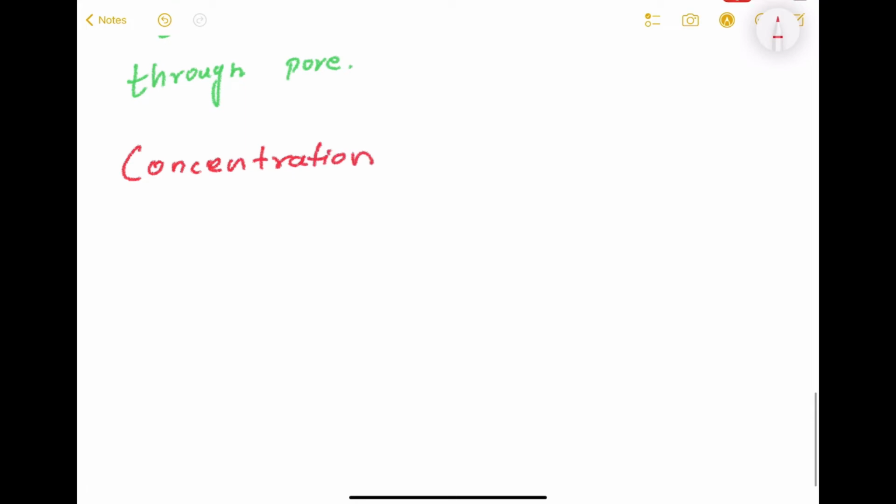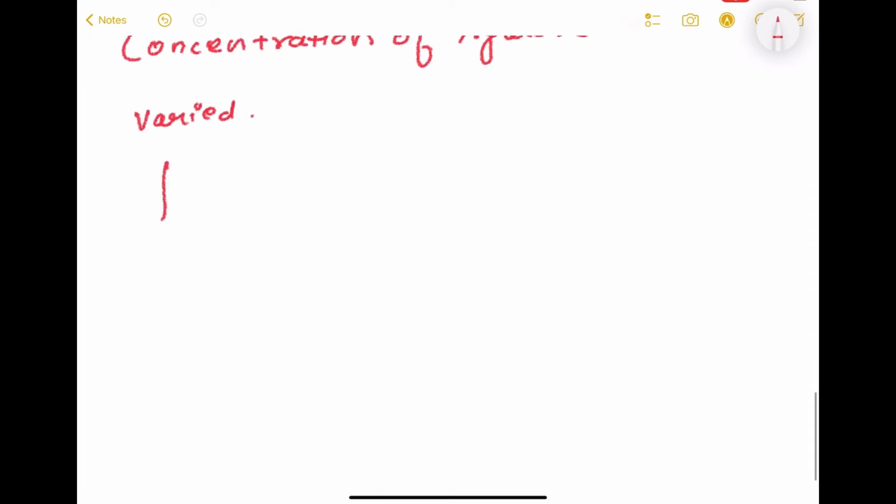The next thing is that the concentration of agarose can be varied. You can change the concentration of the agarose gel. If you are taking a higher concentration of agarose gel, then you will get smaller, fine pores.